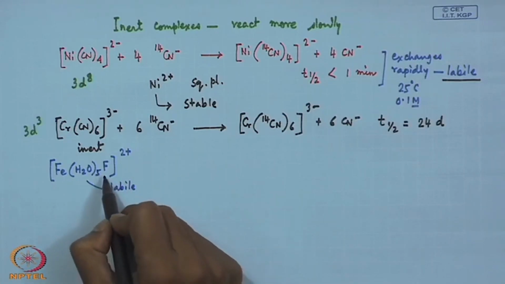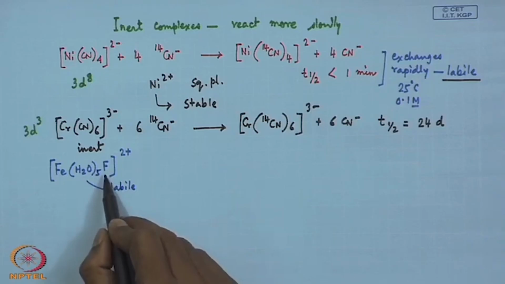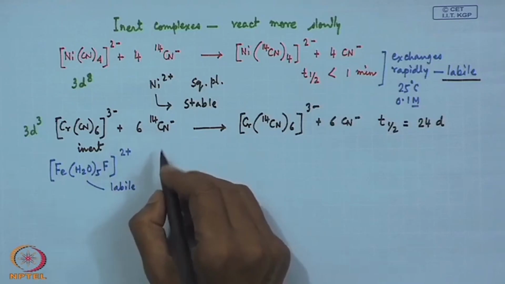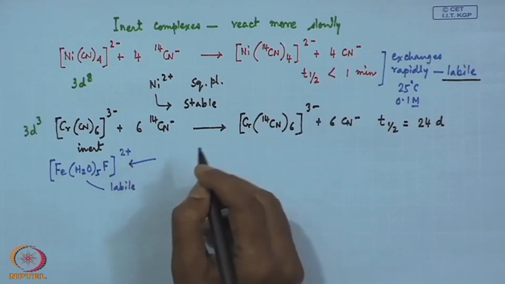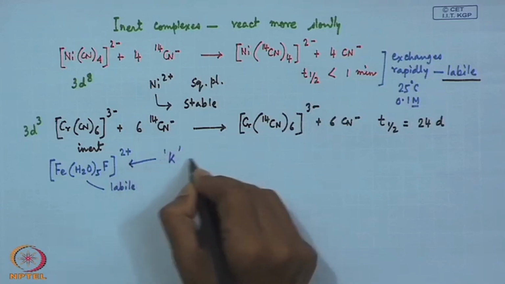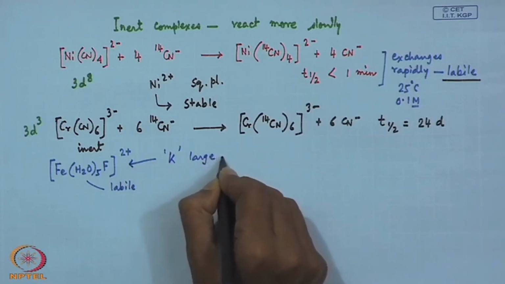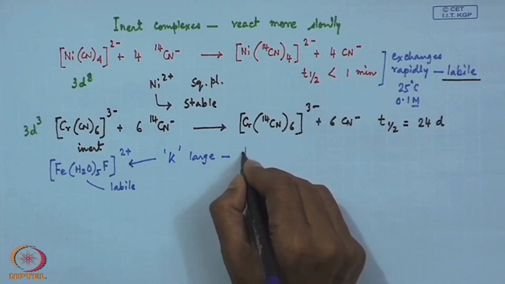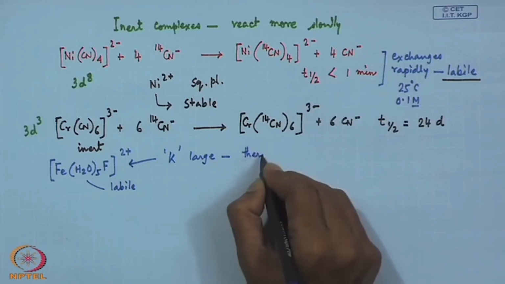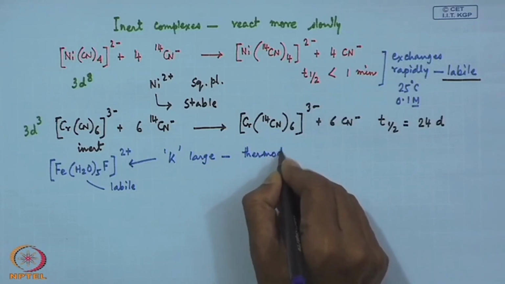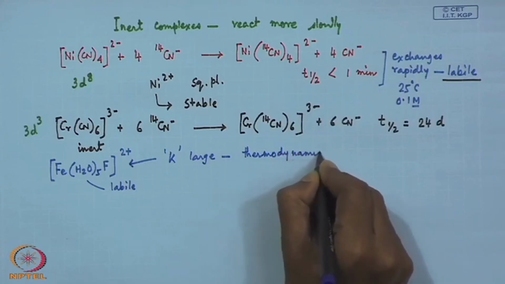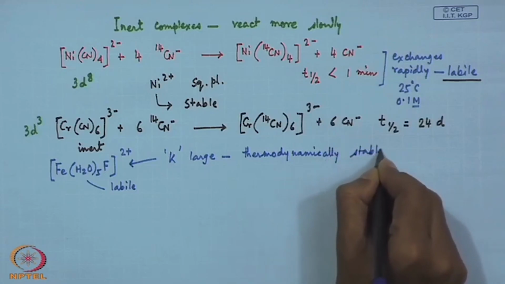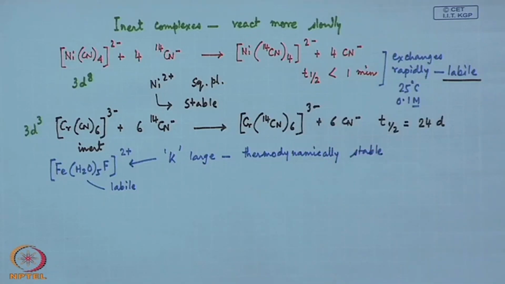It removes the thiocyanate group from the coordination sphere of the iron, but it has a large equilibrium constant of formation, because when we find out the corresponding K value, it has a large value. That means it is thermodynamically a stable compound, it is not unstable, but it is kinetically labile.